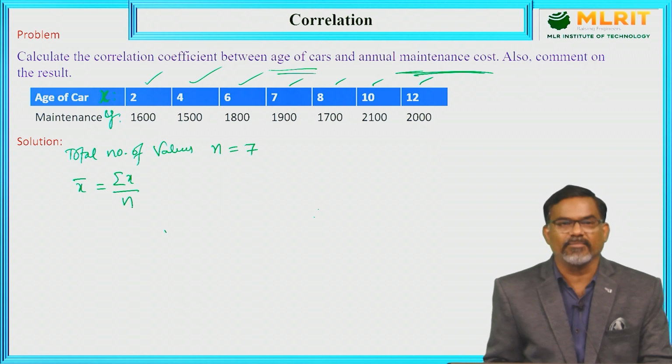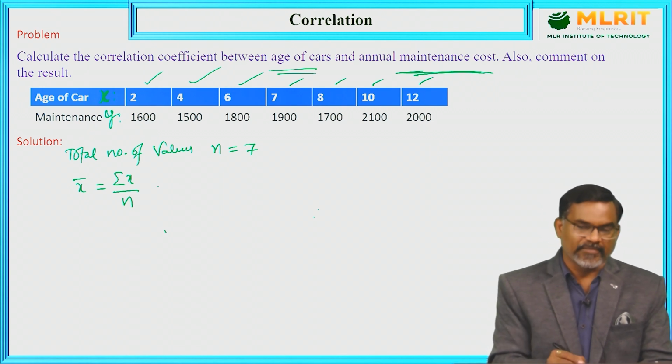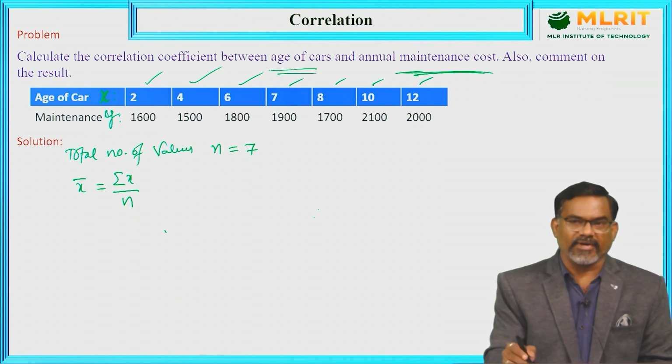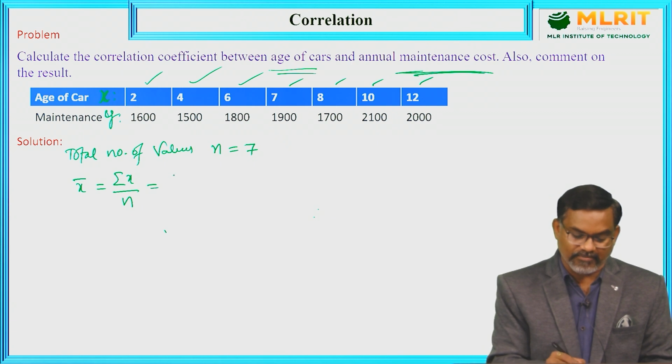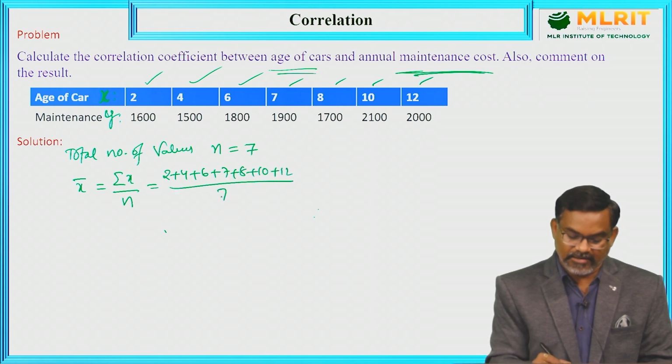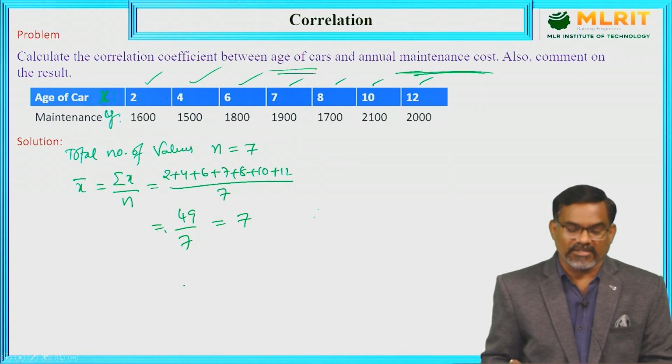That means add all the values of x divided by total number of values. So 2 plus 4 plus 6 plus 7, 8, 10, 12 divided by 7. So this is 6, 12, 19, 27, 37, 49 divided by 7. That implies x bar is 7.